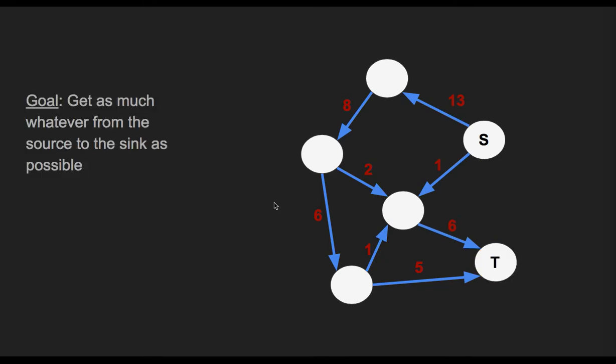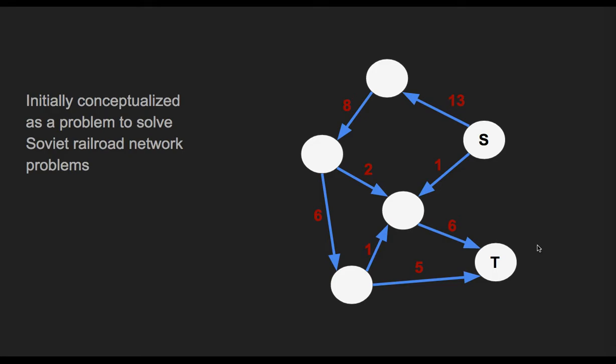The goal of a max flow graph is to get as much as you can from the source to the sink. So as much as possible from this S node to the T node. All right, so that's the goal when we're looking at max flow graphs.